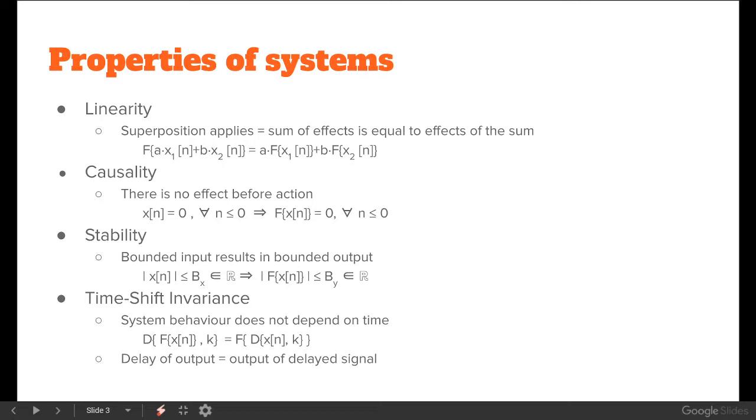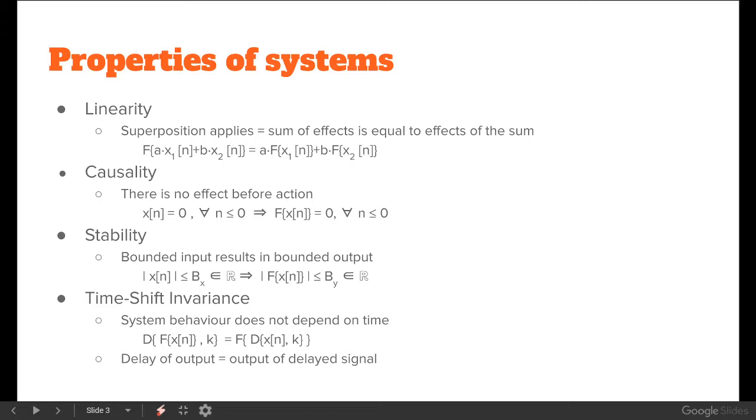Fourth one is the time shift invariance, which basically means that the system behavior does not depend on time. A good example of a non-time shift invariant system would be a parking meter. On daytime, you must put some coins on it. Nighttime, you don't need to. So it changes the behavior of the system.